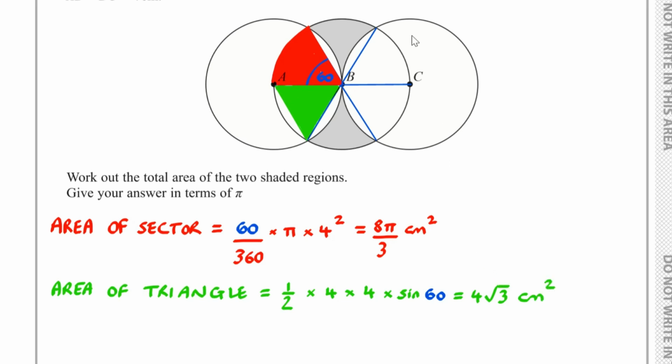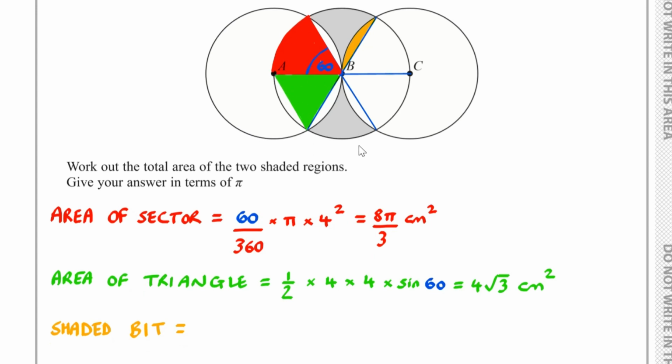And now what we can do is find out the area of this shaded bit. Now, this will equal the area of the sector subtract the area of the triangle.